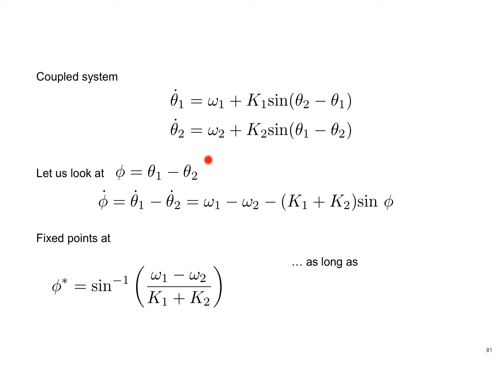We just define this angle, so the phase, and we just want to know the rate of change of this, and we just replace here these expressions. And now we say, let's investigate the case when this phase is constant, and we just find the fixed points. Okay, in this case then we obtain the expression for the fixed points, which in other words in this case is called synchronization.